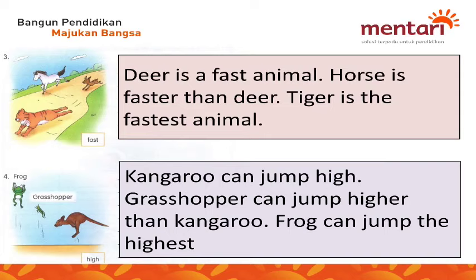Now, take a look here. Frog can jump the highest compared to grasshopper and the kangaroo. That's why we use jump the highest, because frog can jump higher than grasshopper and also higher than a kangaroo.